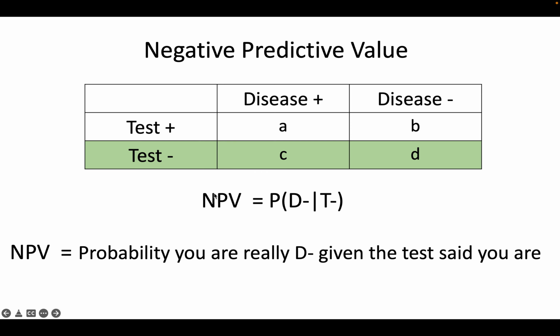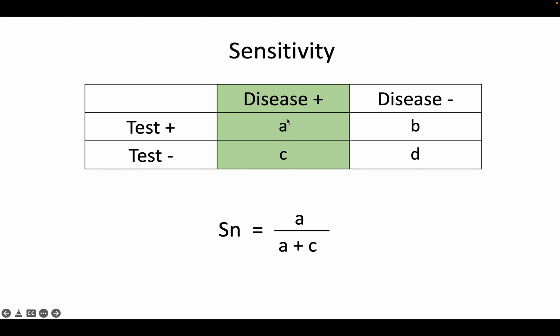So you can see that positive and negative predictive value are more about evaluating how useful or trustworthy the test is, while the context of sensitivity and specificity is more: of those who are truly disease positive, how many do we get? So the main thing that changed here is the denominator.